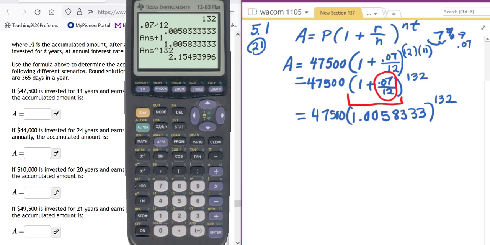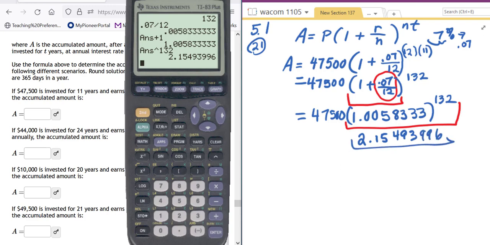I'm going to write that little bit down. So this is what I did. So I have 2.15493,996. And then I'm going to multiply by 47500 times that above amount.